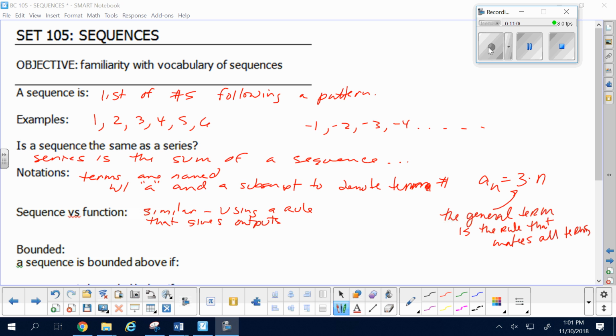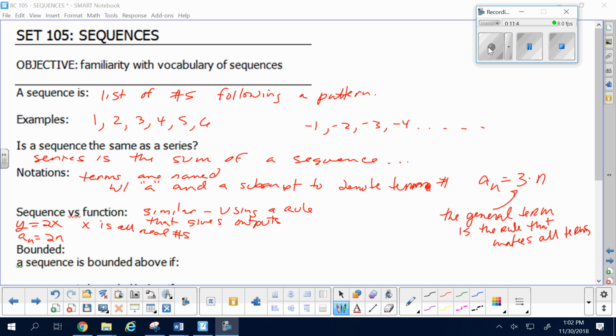If I were to look at y equals 2x, then x is all real numbers, and I could throw them out in any order I like. But if I said the corresponding sequence to that would be the nth term is 2n. So instead of when x is 1, y is 2, I'm saying when n is 1, the first term is 2.